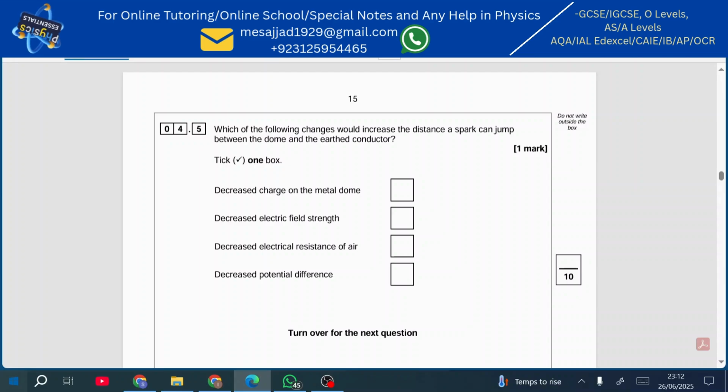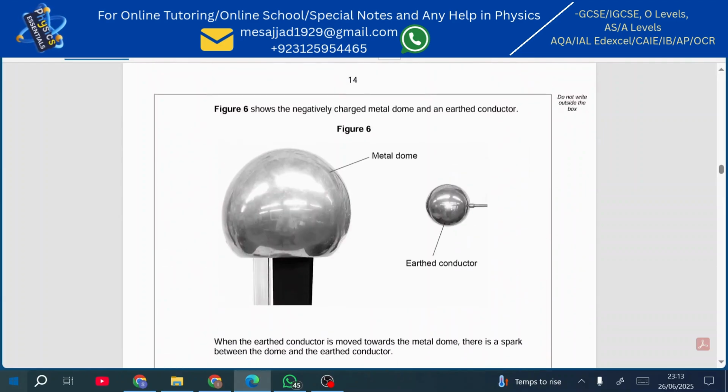Decreasing the air resistance helps because when there is no air between the two domes, there will be no external object there to reduce the interference between the two electric fields. One is the smaller dome and one is the bigger dome.